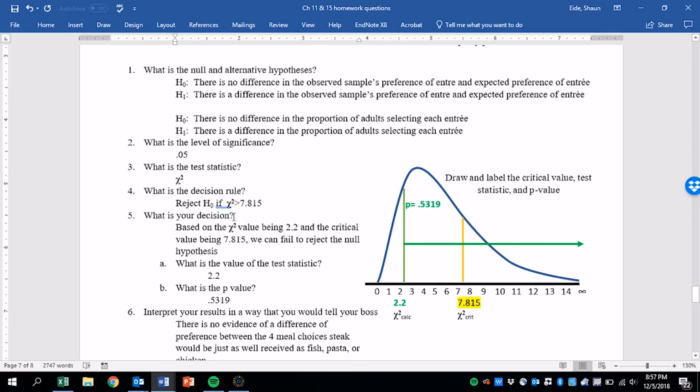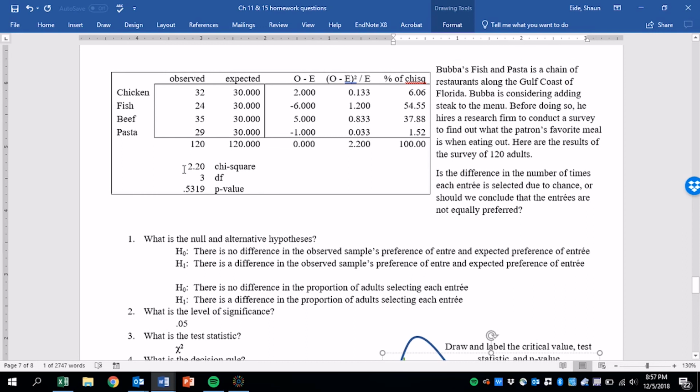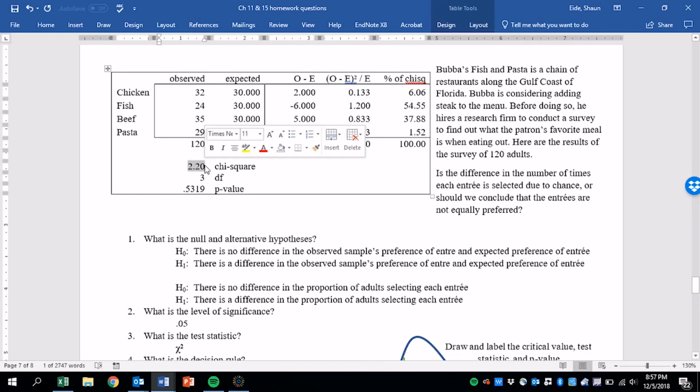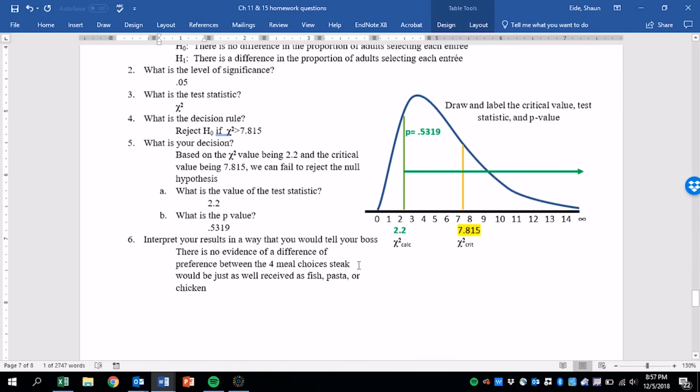So what is our decision? Based on the chi-squared value being 2.2, right here, we fail to reject the null hypothesis because chi-squared calculated is less than chi-squared critical.